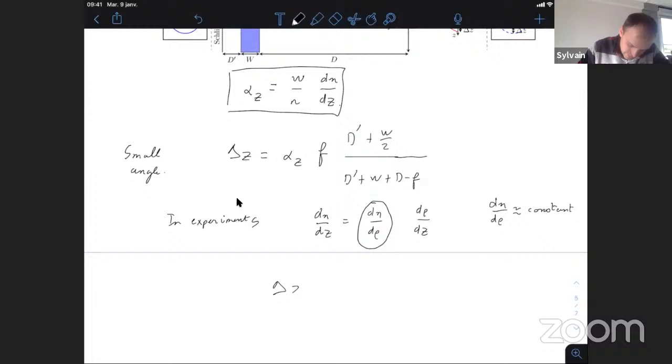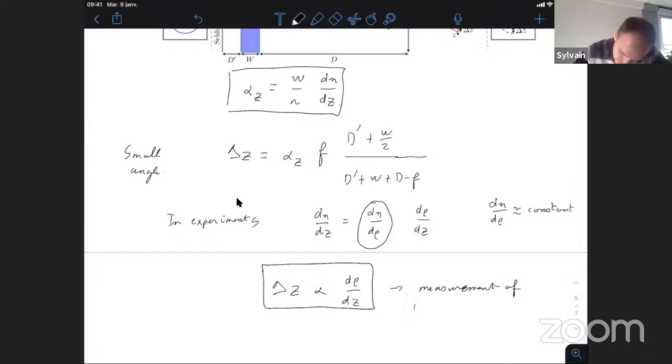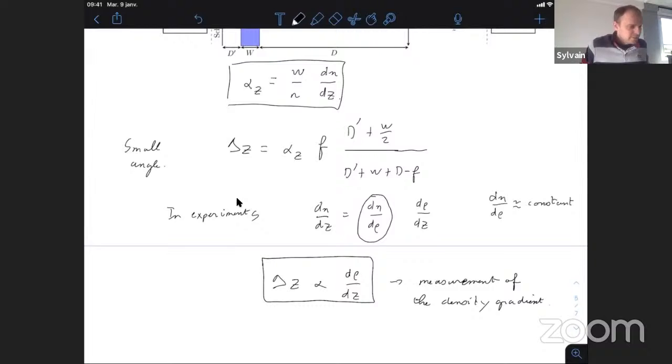So delta z is proportional to it. That's the first approach you can have. By using the camera, you can have access, by measuring this displacement, to the density gradient.